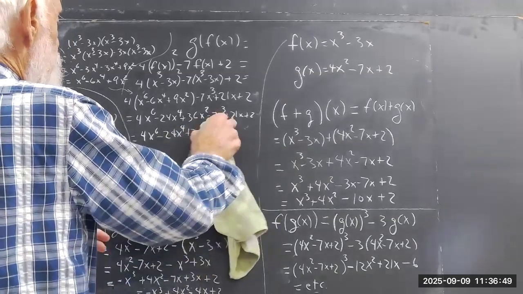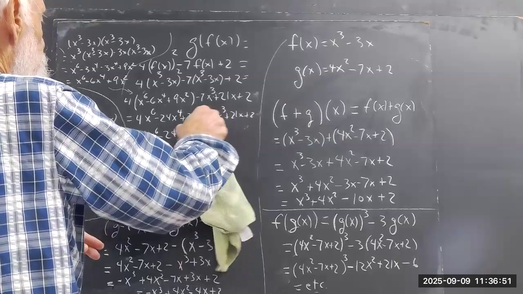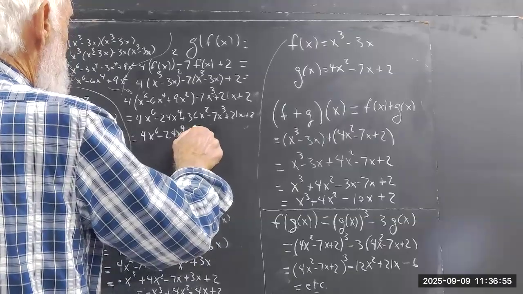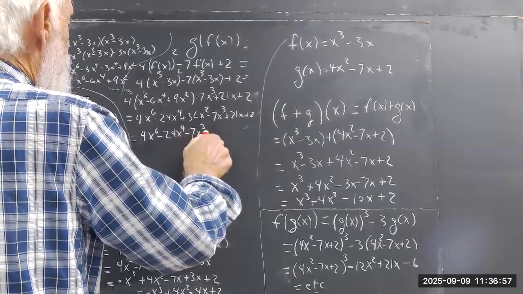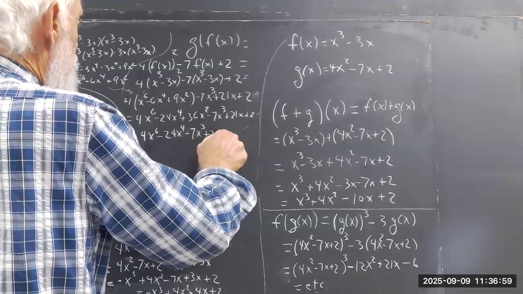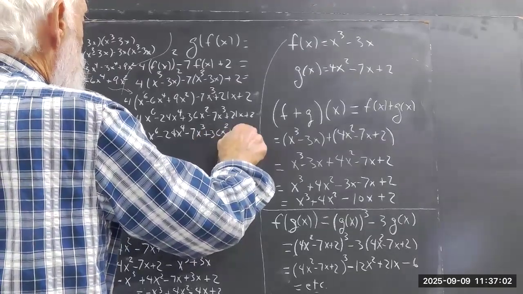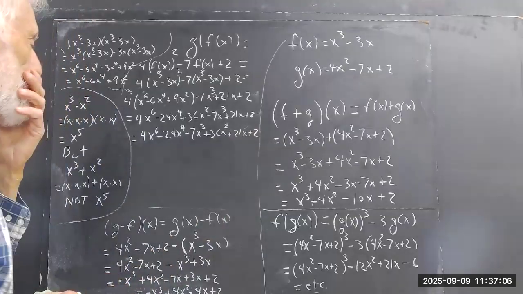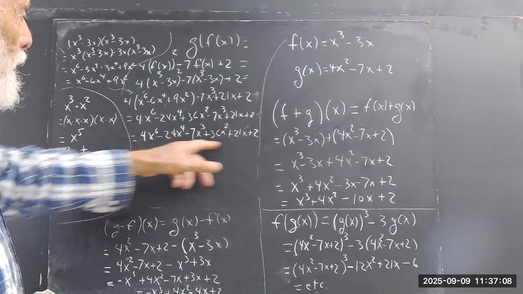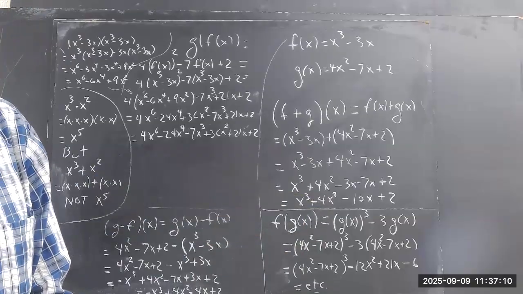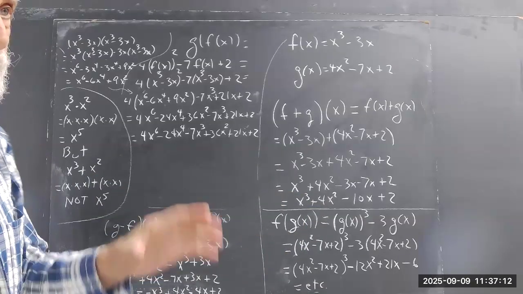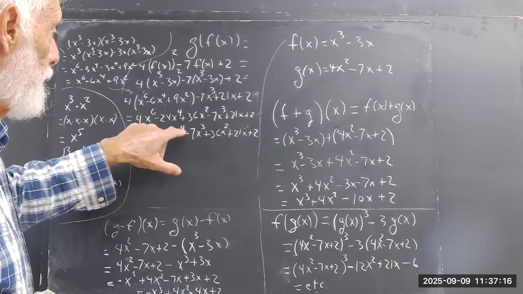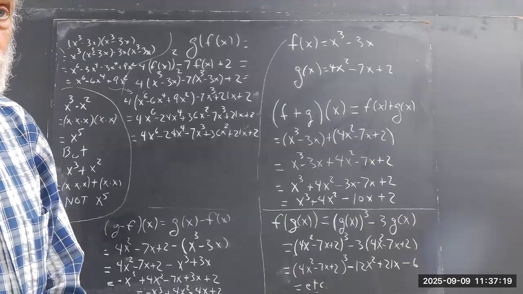I don't want to write out my x squared term before I write out my x cubed term. I have the negative 7x cubed, and then the 36x squared, and the 21x plus 2. So I didn't have to add any terms. I just had to put them in order from highest power to lowest.